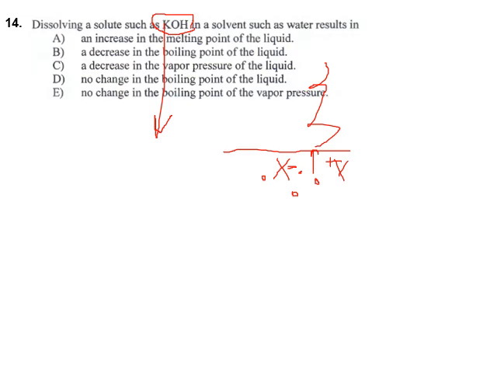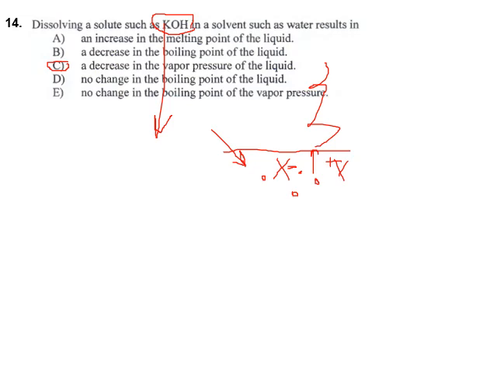Anyway, these answer choices don't deal with the osmotic pressure. They deal only with the boiling point, the vapor pressure, and the melting point. This C here is actually what I just said. If you dissolve something in a solvent, it will cause the vapor pressure to go down, and the reason is what I just said over here. So the other answer choices must be wrong.